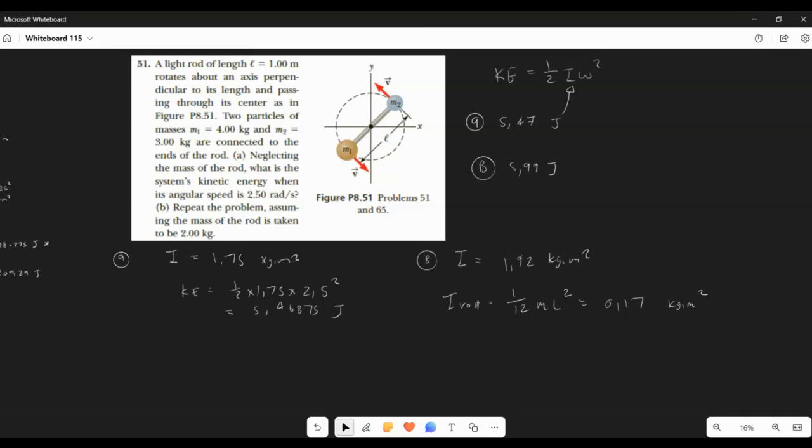Okay. Cool. Is there any question with this particular type of problem? Any questions? So this is the kinetic energy way.